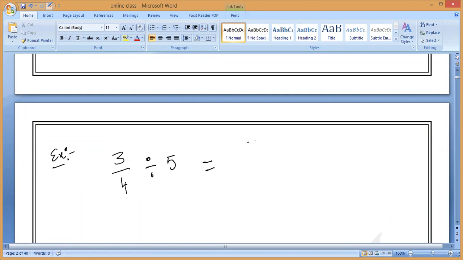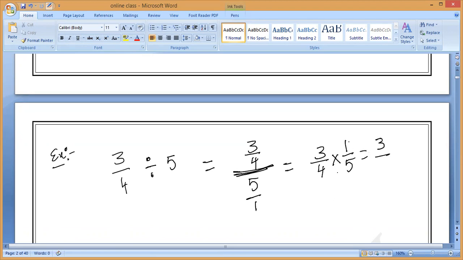Okay, 5. It means 3 by 4 divided by 5, which is 3 by 4 into 1 by 5, removing the division and taking the reverse of the fraction. So 3 into 1 is 3, 4 fives are 20. 3 by 20.